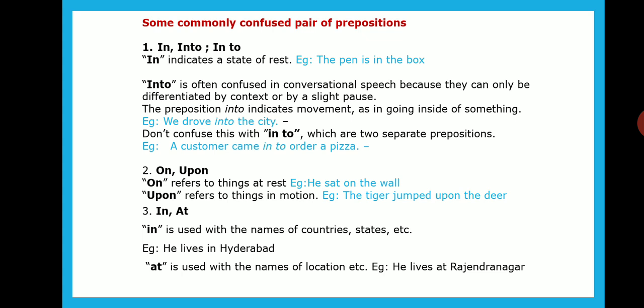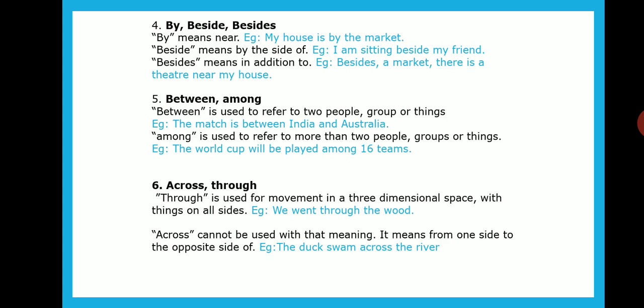He lives at Rajendra Nagar. It is conducted at 12 o'clock. In: He lives in Hyderabad. He came in September. When I say these examples, and if it is not there in the slide, you can write those sentences on a paper. That would be helpful for you.